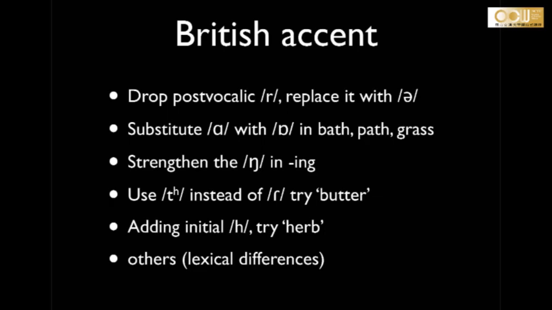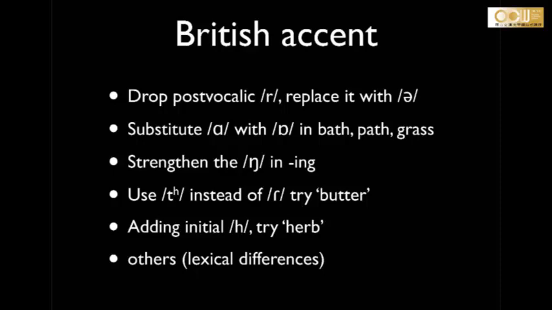So this is just a quick summary of some of the things we talked about. To do a British accent, you can drop your post-vocalic R and replace it with schwa. And you substitute the "a" with a further back "ah." Some people like to think that British people are holding an egg inside their mouth when they say "path" or "can't."